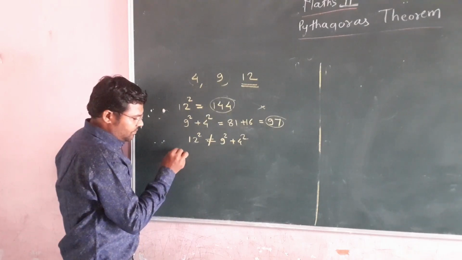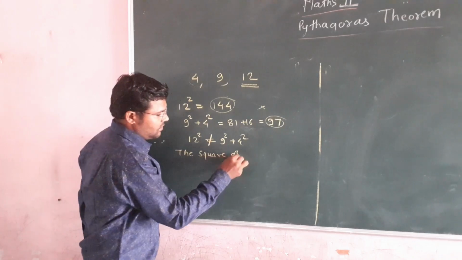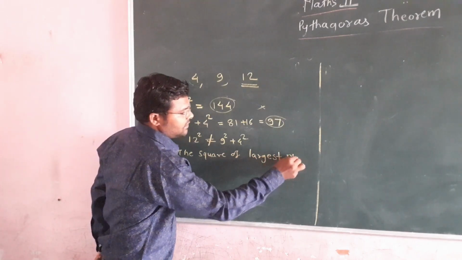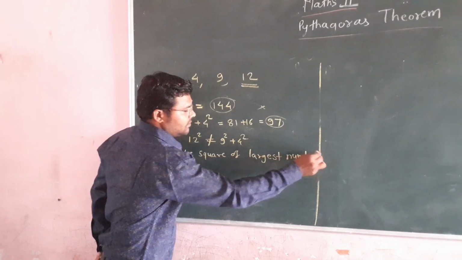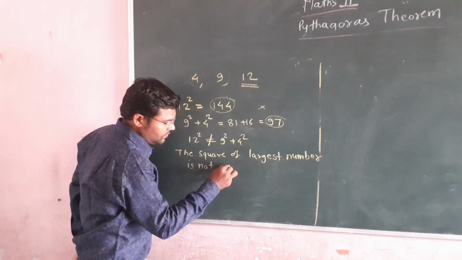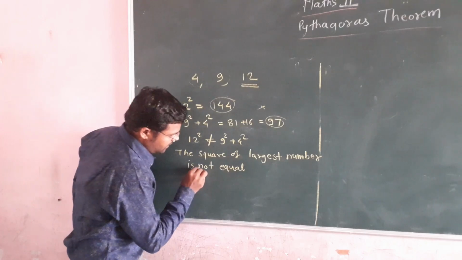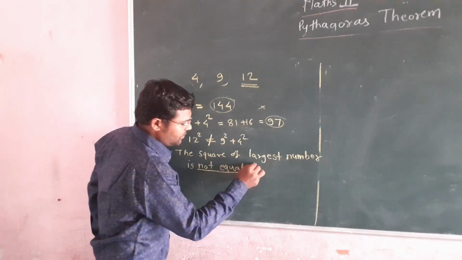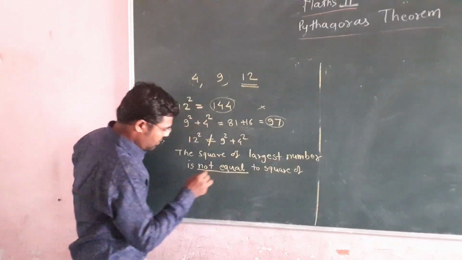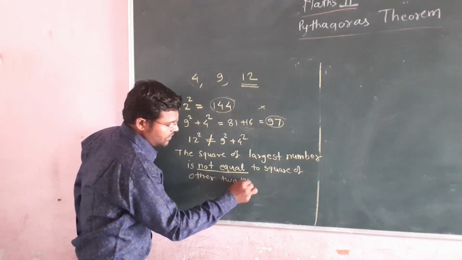Here the square of the largest number is not equal to the square of the other two numbers.